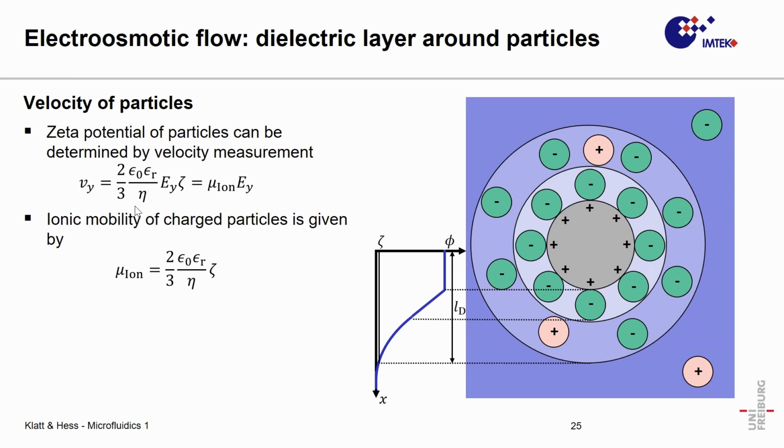And this basically means that you have similar effects around the particles. So you have a dielectrical double layer. You have ions that will always remain around the particles, and ions that will be sheared away with the volume flow that flows around the particle.